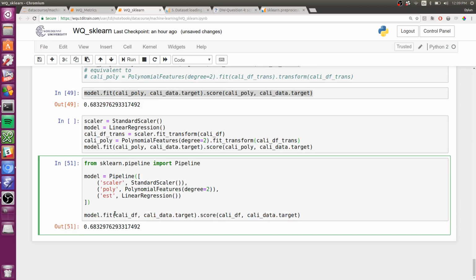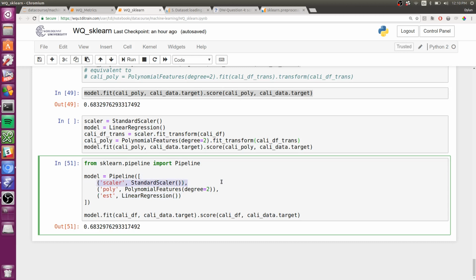And what's happening is Cali DF, the features, get passed in, and when we fit our model, the standard scaler gets fit to the features, and the features get transformed. And those transformed features pass on to polynomial features, which also fits to the data that came out of the standard scaler and then transforms it, and that transformed data gets passed to the linear regression estimator.